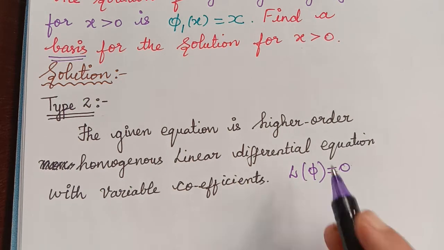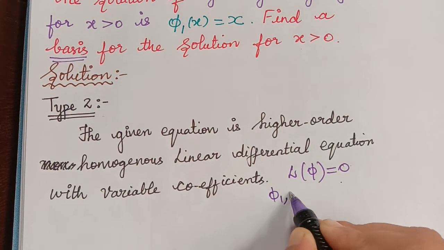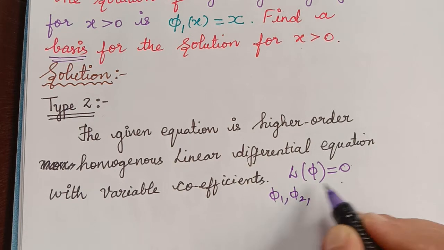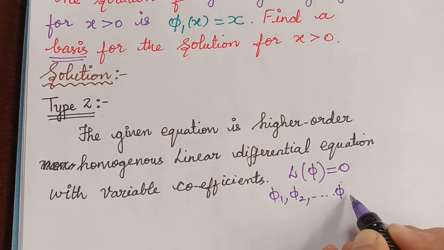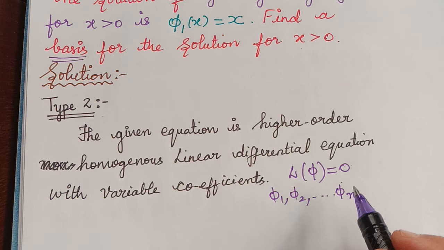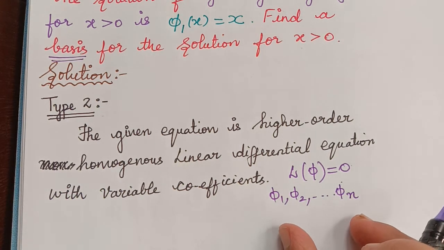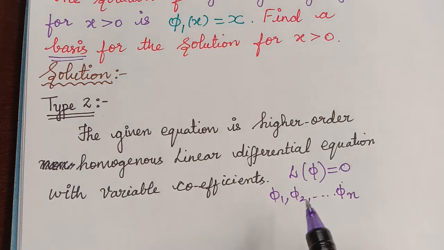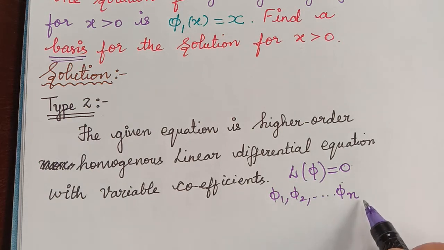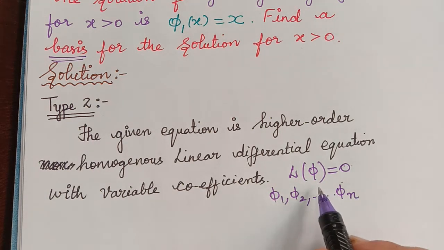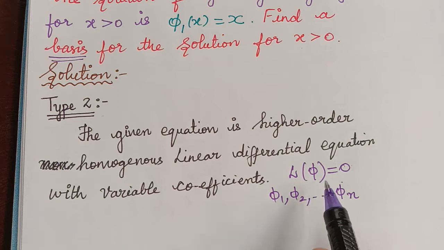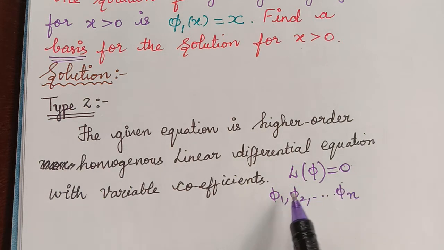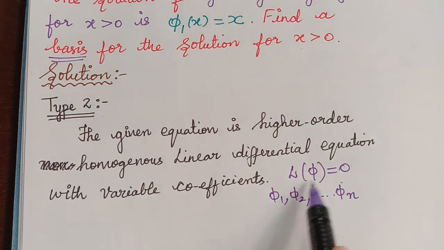For this equation we will have solutions phi 1, phi 2, and if it is higher order it will have solutions till phi n, and these solutions form a linear space, and if these are linearly independent to one another, then they form a basis for the solution of this equation.